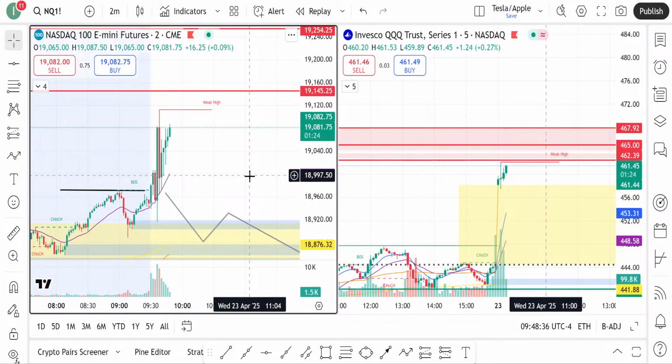Market looking very strong today. Very strong.